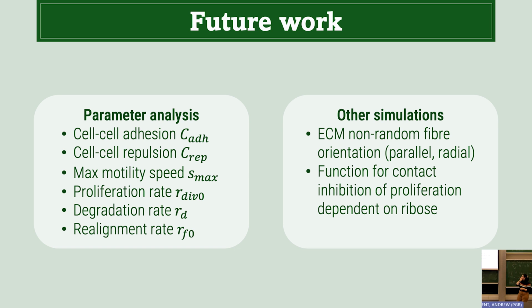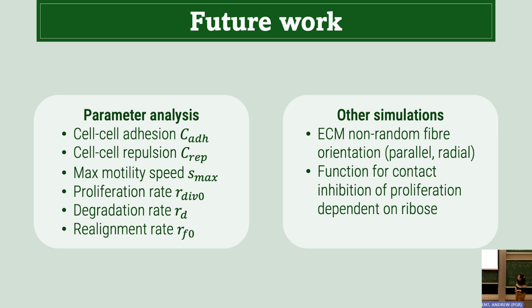In fact, there are some experiments that look at how the fibers being more aligned with each other have a huge impact on spheroid growth and in general cell migration. In fact, if they're more aligned, they tend to migrate more. And I did a simulation, it kind of worked, but I don't have it properly prepared. So yeah, I want to explore that further to see if my model also mimics that.